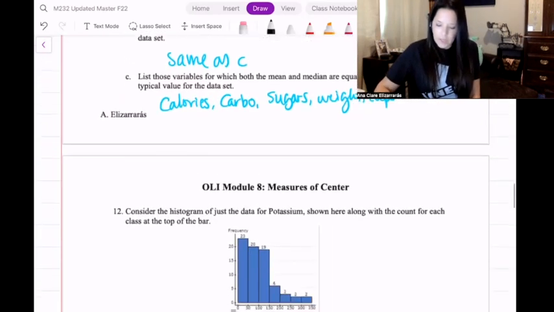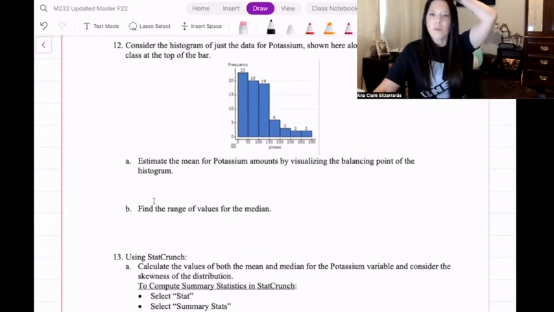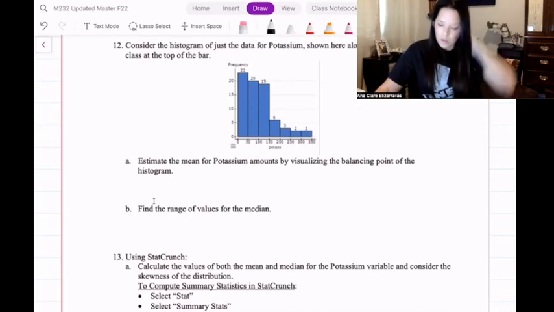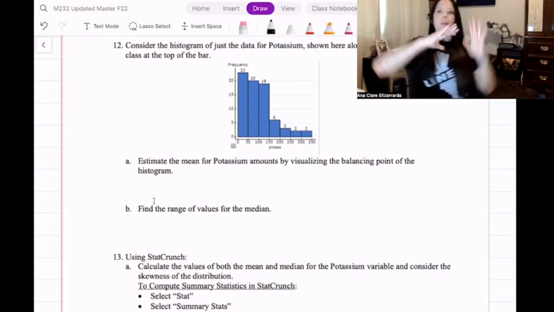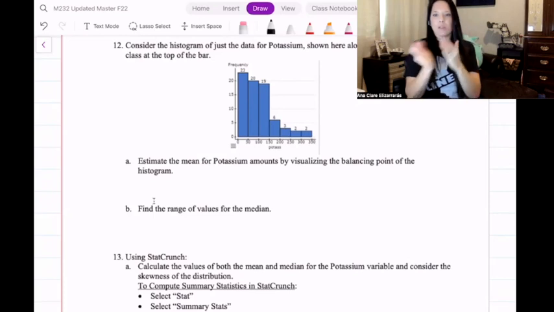Now we're going to look at the histogram that is just potassium. And for this histogram of just potassium, we want to know what would be the average? What do we think the average is going to be? Well, remember that the distances are equal on either side, and it's not going to be right in the middle because this is skewed to the right.